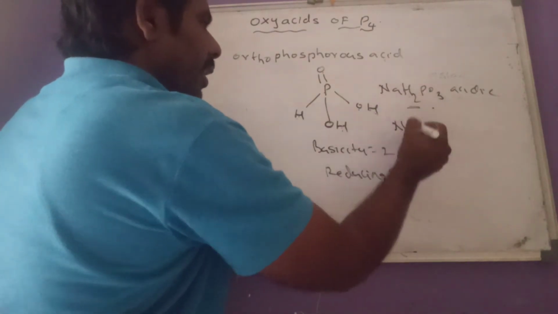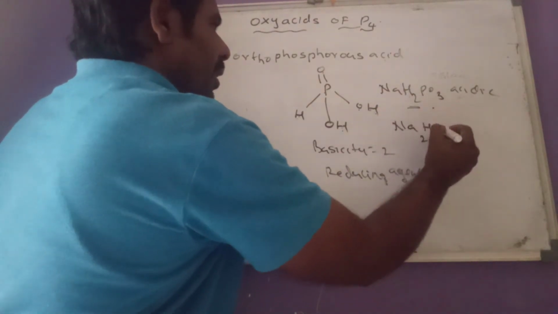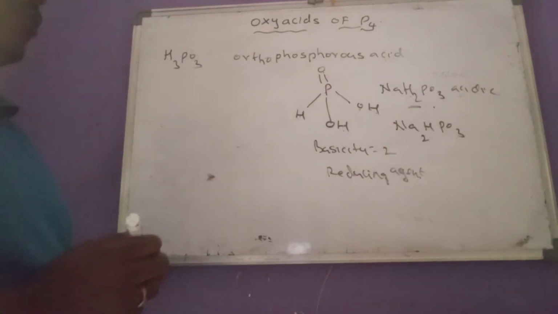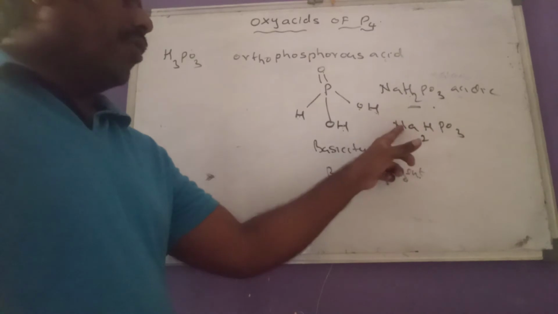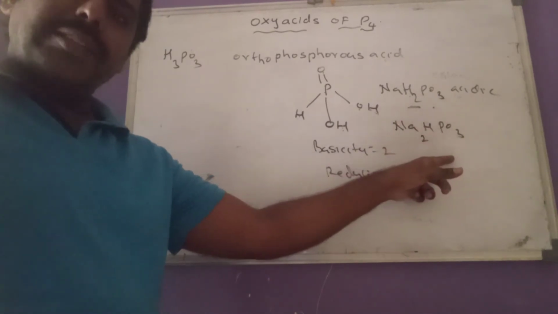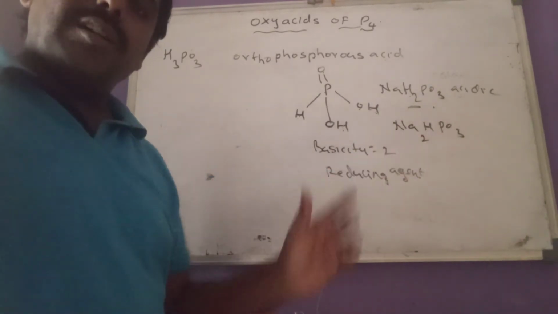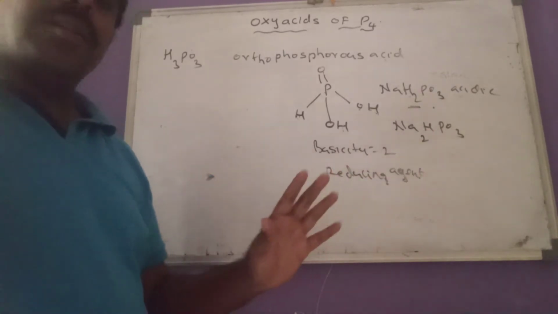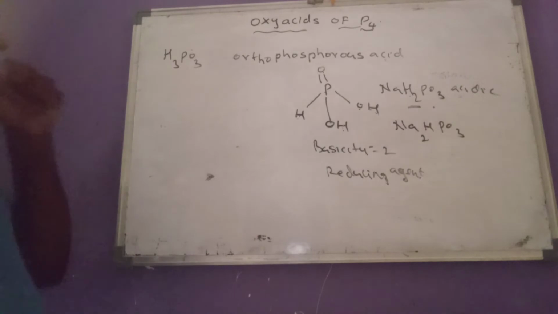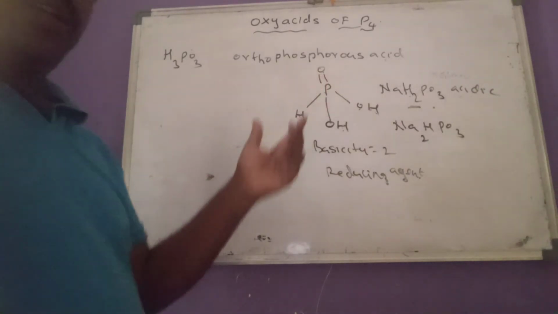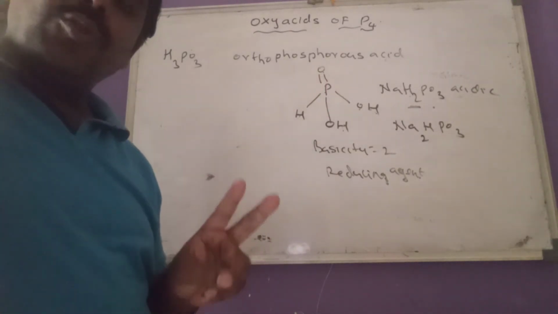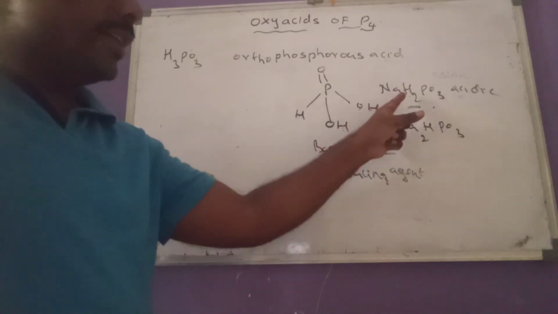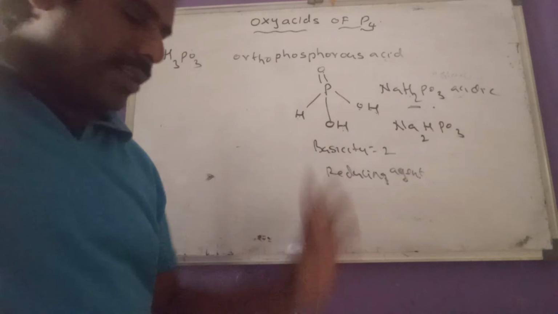So by donating another H plus, what we can get now is Na2HPO3, disodium hydrogen phosphite. But it is a neutral salt because it cannot donate an H plus ion. That means orthophosphorus acid forms two types of salts: one is an acidic salt, one is a neutral salt.